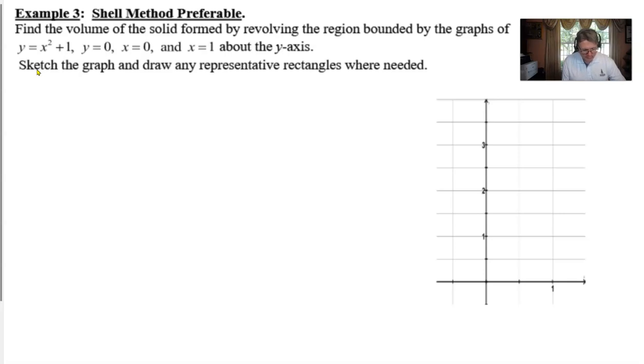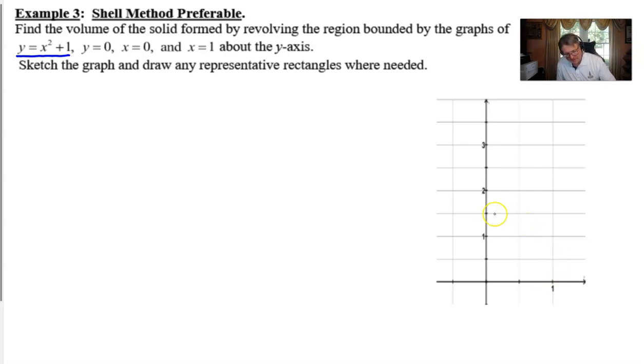So this is a problem where I would say the student might be responsible for generating this plane region because the graphs, the equations, the functions are more accessible in this case, as opposed to a couple of my earlier examples, 1 and 2, where that may not have been the case. So we're going to go ahead and use a blue pen to sketch our y equals x squared plus 1.